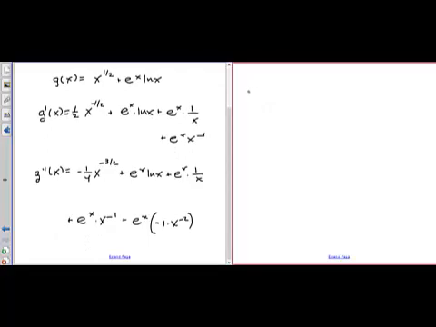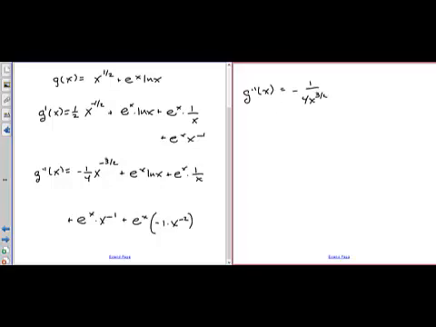And let's just clean it up. This one and this one are the same, because this is e to the x times 1 over x, and we have e to the x times 1 over x. So we'll be able to combine those two. What we'll get is 1 over 4 x to the 3/2 power.